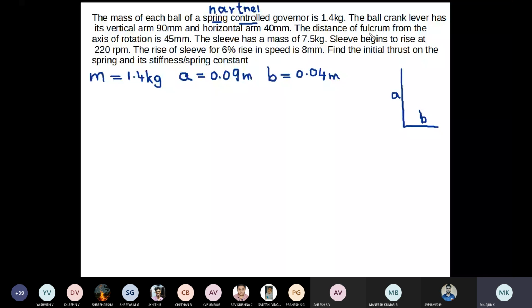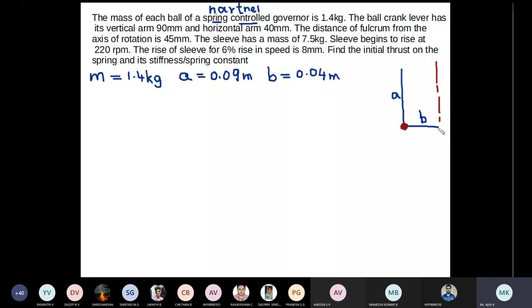The distance of fulcrum from the axis of rotation is 45 mm. So what is the meaning of that? Here, which is the fulcrum point? Fulcrum point or pivot point, it's one and the same. So this will be the fulcrum point, and it is given the distance of fulcrum from axis of rotation.